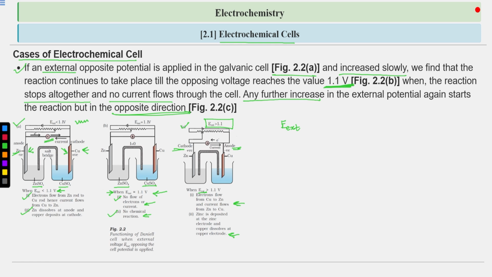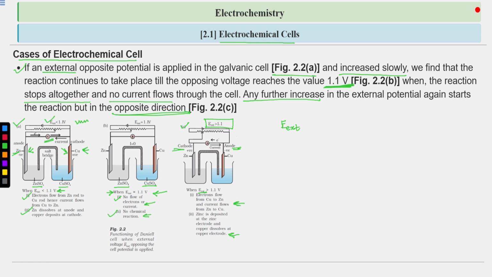So here when the external potential is lesser than 1.1, the zinc is dissolving in the solution at the anode, but the copper starts to deposit at the cathode, right? When the external potential is greater than 1.1, what will happen? Zinc is deposited on the zinc electrode, but copper dissolves at the copper electrode.